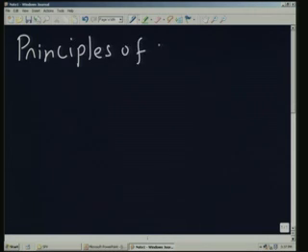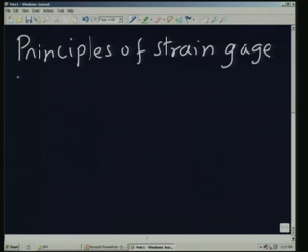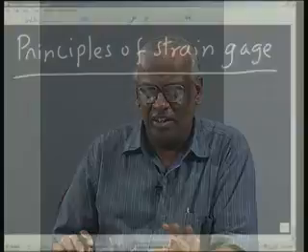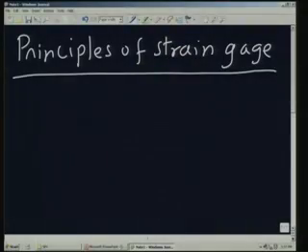So, what I will do is I will look at these principles of strain gauge, and then look at the different properties which go into determining the performance of strain gauge as a strain measuring instrument. Then what are the different materials which can be used, what are the gauge factors which we are going to get or have in these cases, and then how the measurement is made by using suitable electronic circuitry. This is the basic idea of this lecture.